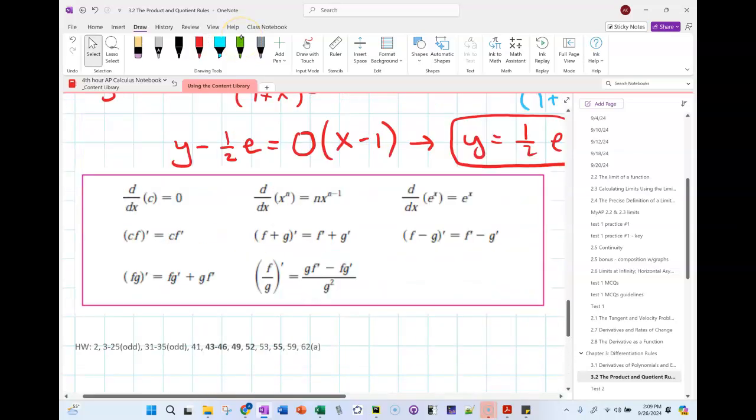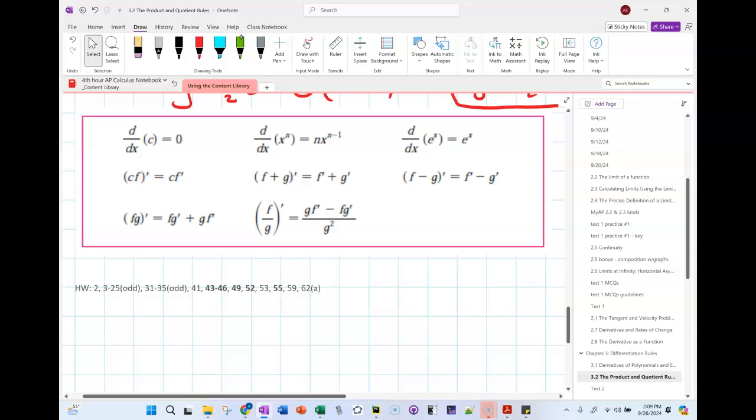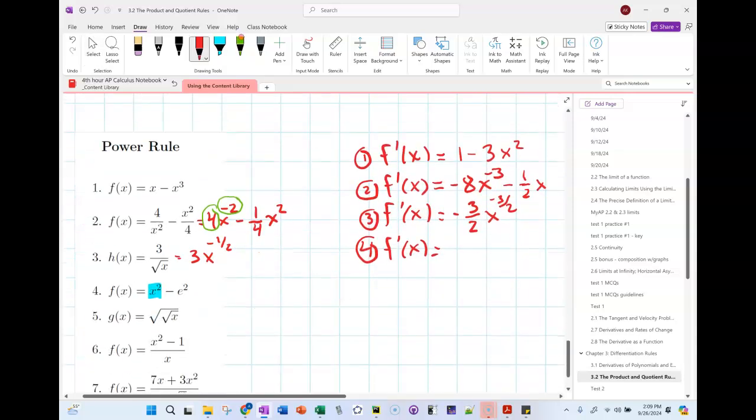So if n is 2, what am I going to get? 2x. Great. And then what am I going to do with the e squared?